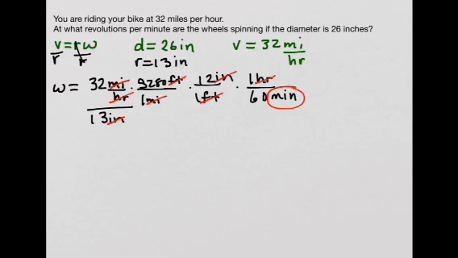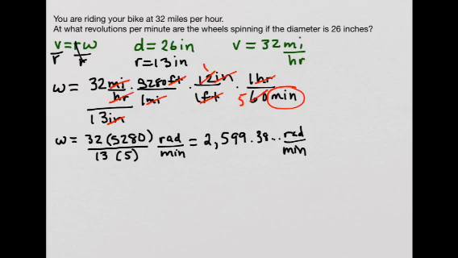Radians over minutes. So you're going to take your calculator and let's see, I can do the 12 here and 5 here just to make it less numbers. So I put it into the calculator.